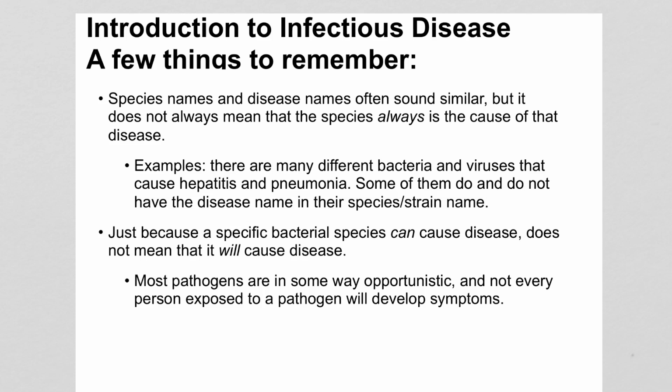The other thing to remember is just because a bacterial species has a scary name, like pneumoniae or tetani or whatever it might be, that doesn't mean that that bacterium will always cause those symptoms in that person. Most bacteria are, to some degree, opportunistic. Some are more likely to cause infection than others, but there are lots of people that have, for example, strep throat.